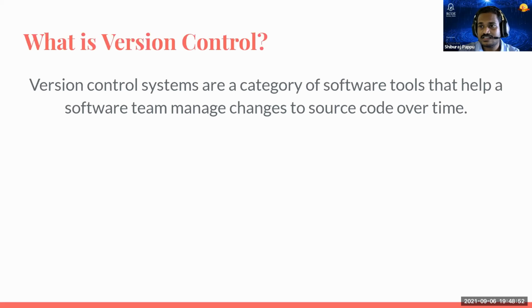The second use case is the most important, and that is why it is mainly used: to collaborate. Why is it required for collaboration? When you go to industry, it is not a single person's job to work on a particular project. There will be multiple people working on the same project.